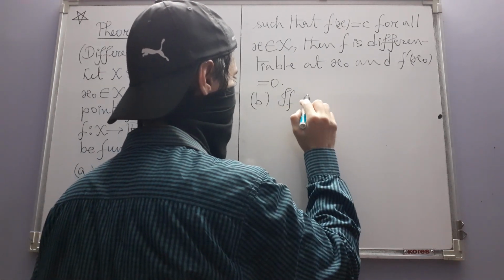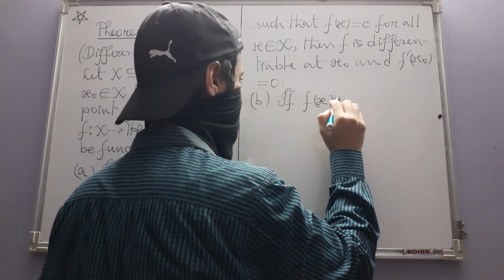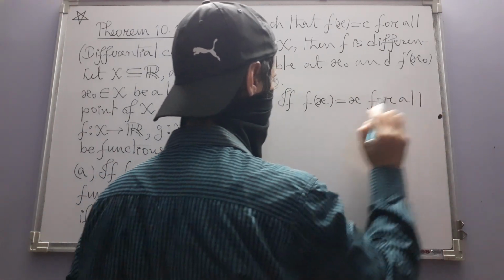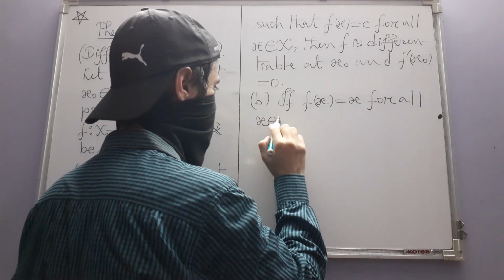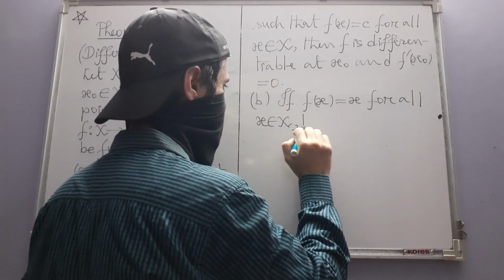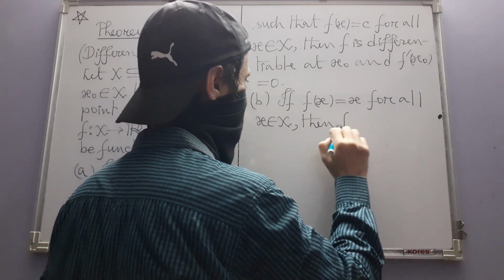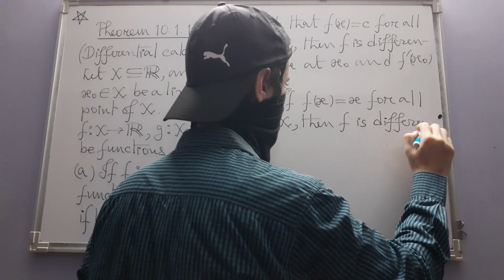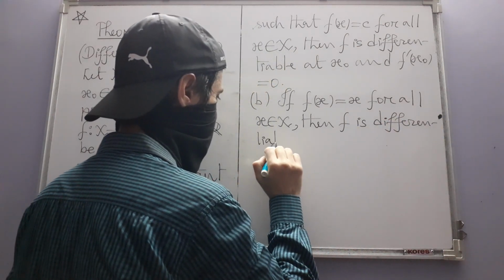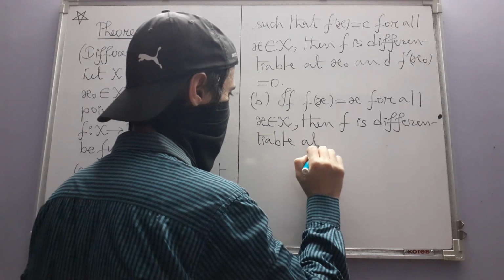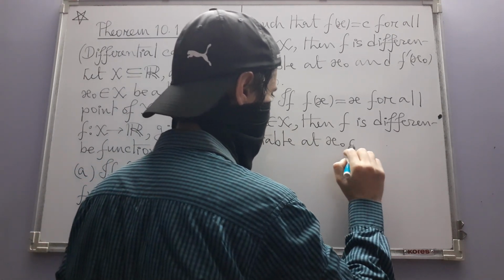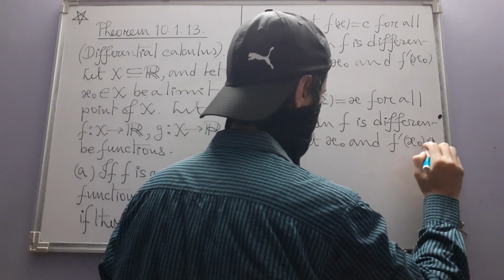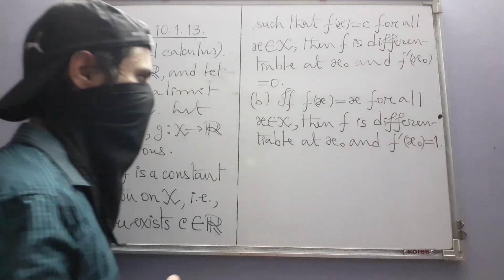If f of x is equal to x for all x belonging to X, then also f is differentiable at x0, and this time the derivative at x0 has value 1.